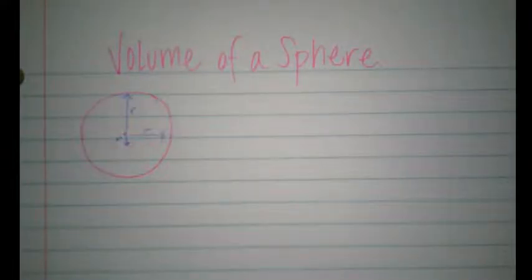And from the center coming out towards us is also a radius. So in order to make a three-dimensional ball, we need to have a radius going up, to the side, and out to the front. So that's going to play into our formula.